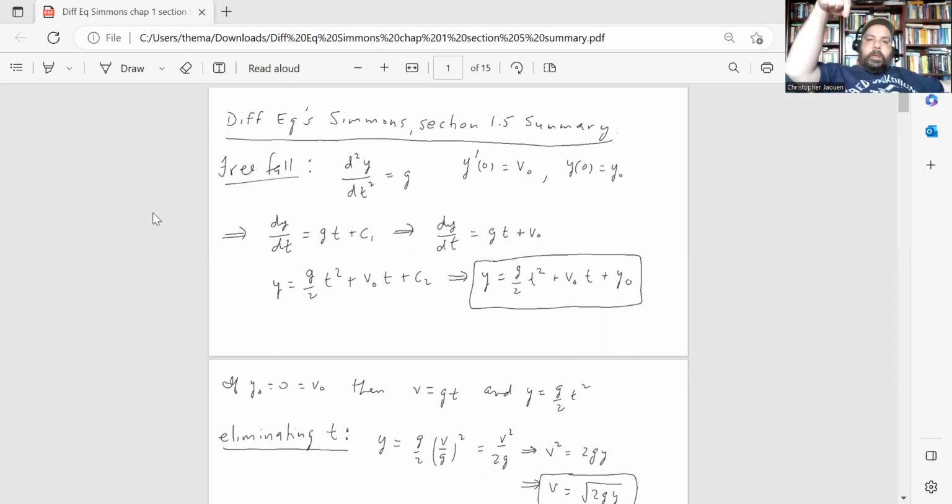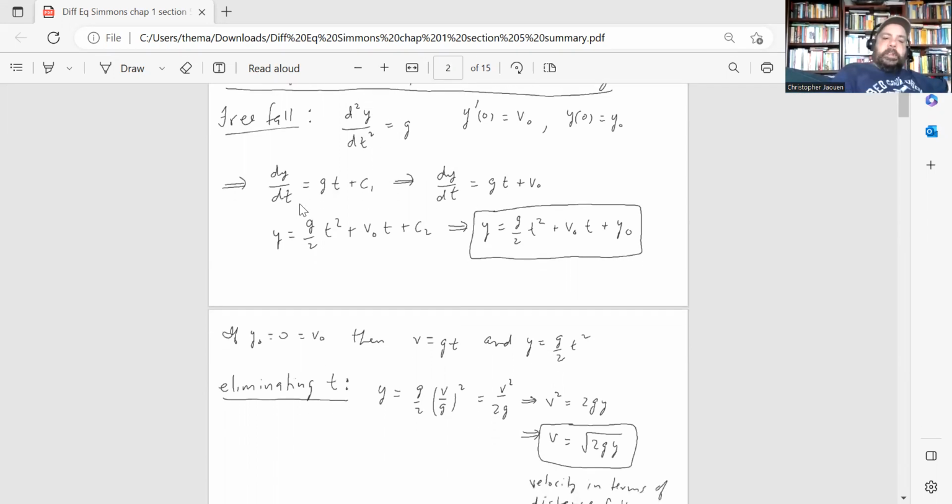Here we're assuming that going down is the positive direction, because notice I'm counting g as a positive number here. All right, and then if we assume that the initial velocity is this number v0 and the initial height of the object is y0, then we can go about solving the differential equation.